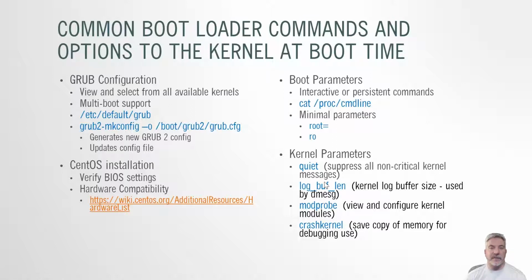This might be important as far as limiting the buffer size in order to prevent the system from running out of space if it was built without a lot of consideration for growth. In the last section, we also saw modprobe, being able to see which kernel modules are currently loaded and being able to add and remove those as needed. And if my system crashes and the kernel dumps the contents of memory to disk, I want to be able to specify where that crashed kernel data should be located.